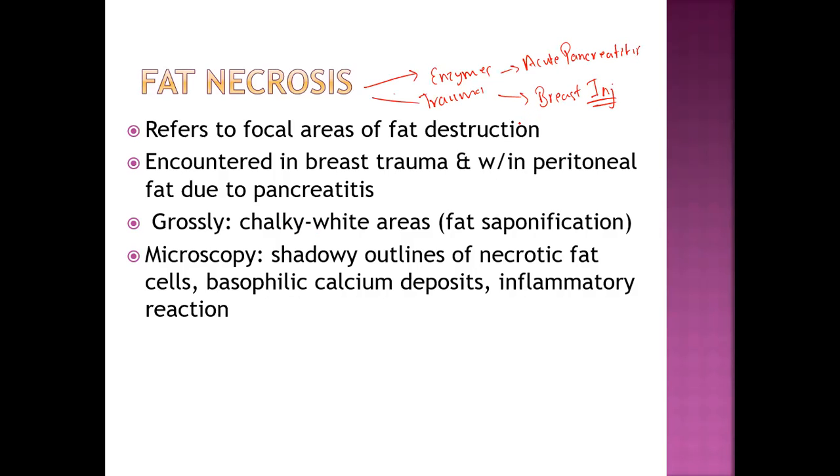The case can be trauma or enzymatic due to acute pancreatitis. It refers to a focal area of fat destruction, best encountered in breast trauma or pancreatitis.